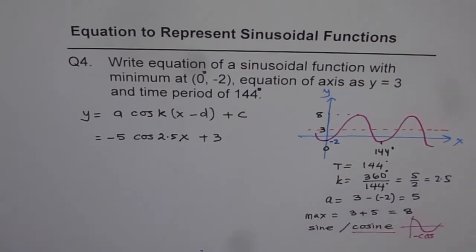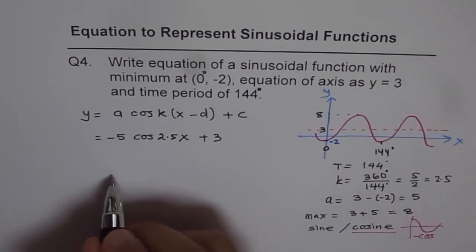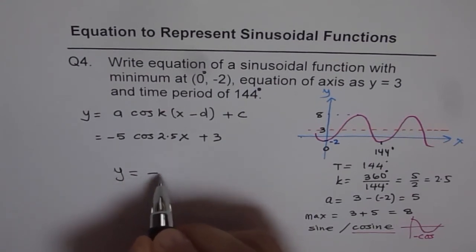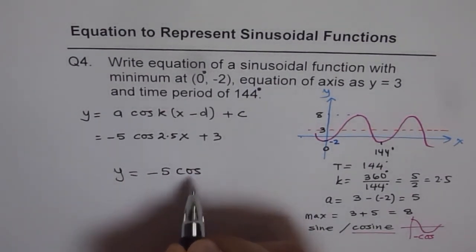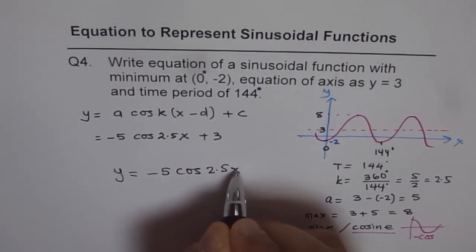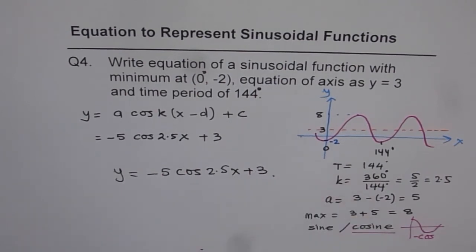So we used this value and got our answer. Therefore our solution is y equals -5 cosine of 2.5x plus 3, right? So that is how we can get the equation representing the given data. I hope that's absolutely clear.